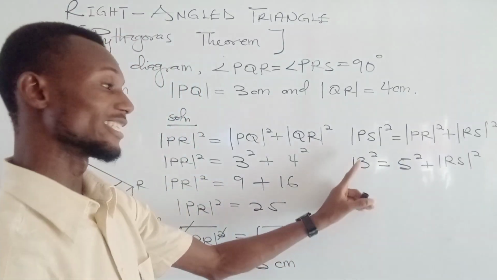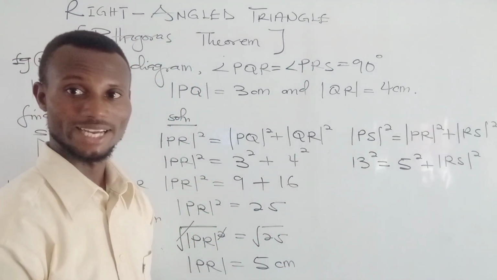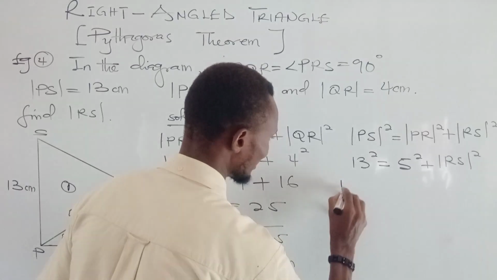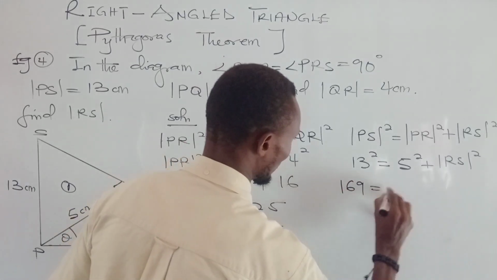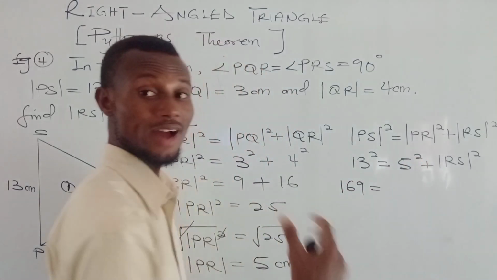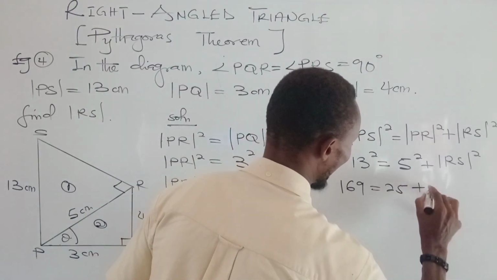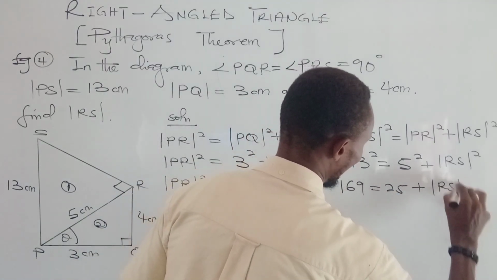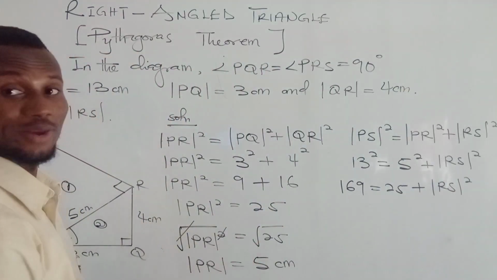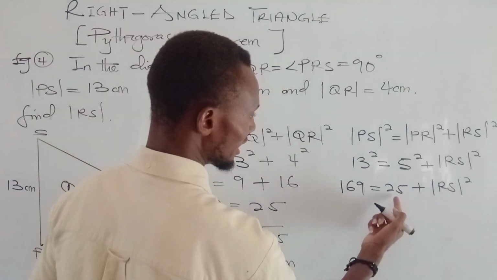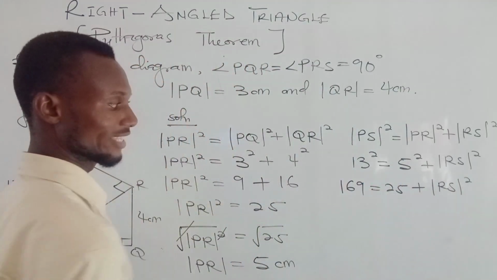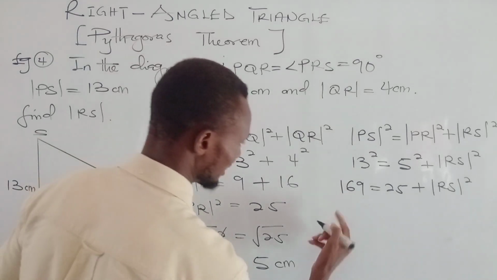Now 13 squared means 13 times 13, and that gives 169, equals 5 squared, which means 5 times 5, which gives 25, then plus line RS squared. Let's group like terms. This 25 will cross the equal sign and join the 169.